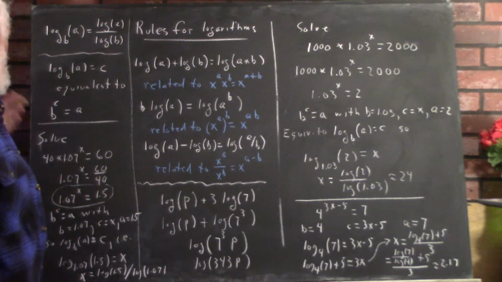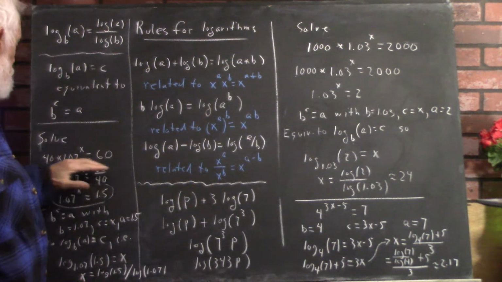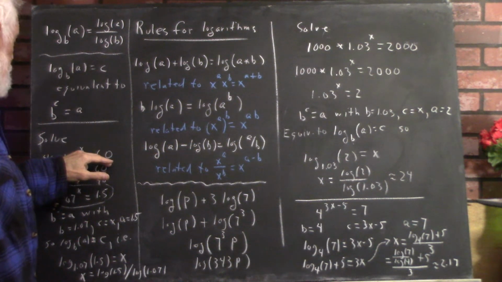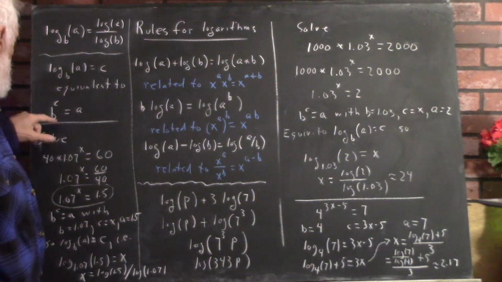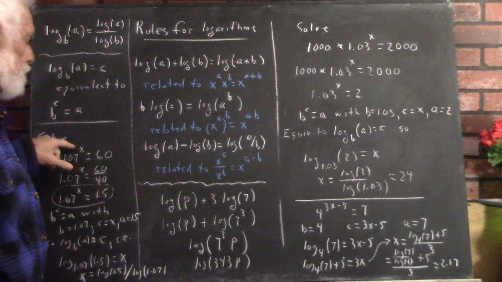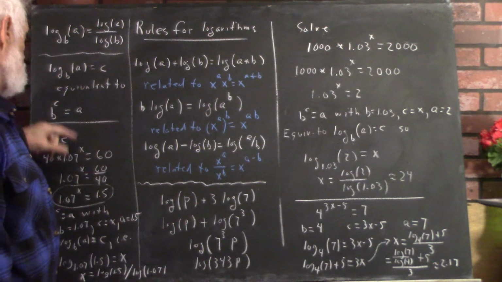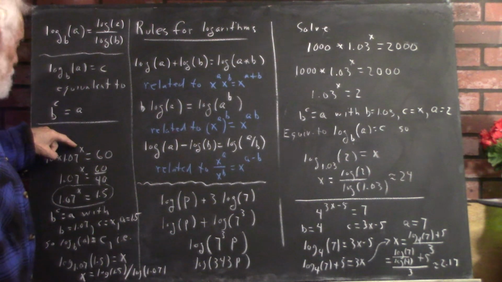Okay, so we're going to solve this equation: 40 times 1.07 raised to the x equals 60. We want to put this equation, if possible, into the form b to the c equals a, because our x, the variable we're trying to solve for, is in the exponent.